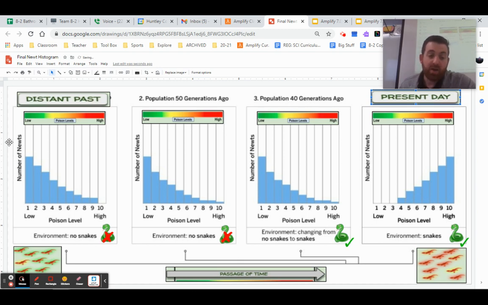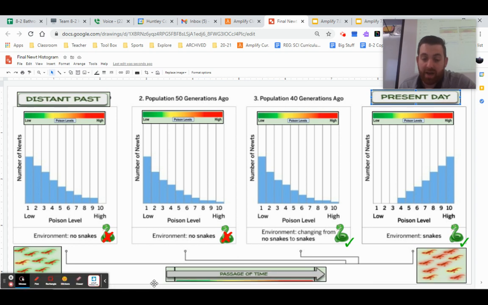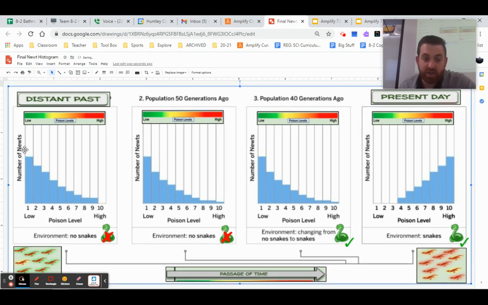And in here, our data collected and our information about the environment match up with the model that we're making and help us to explain why our newts are becoming more poisonous. If you notice here, we have the start about 200 generations ago, and slowly it began to change over time in one way or the other, leading to our population today. And your answer should be explaining how and why this is happening.